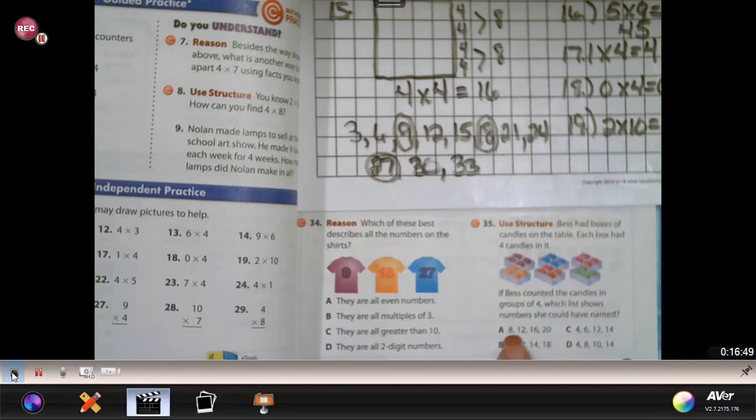Here we go. 8, 12 would be 3 groups of 4. 16 would be 4 groups of 4. And 20 would be 5 groups of 4. So our parts of our groups that could show the numbers of candles in here would be A.